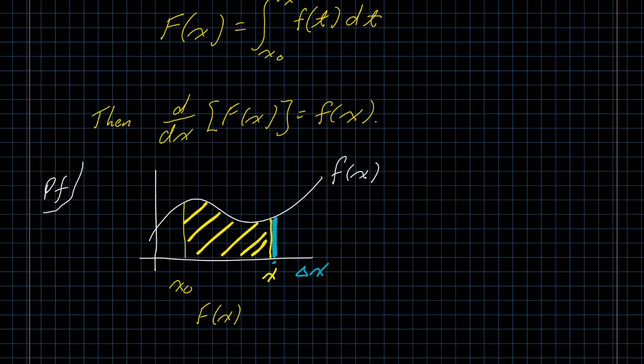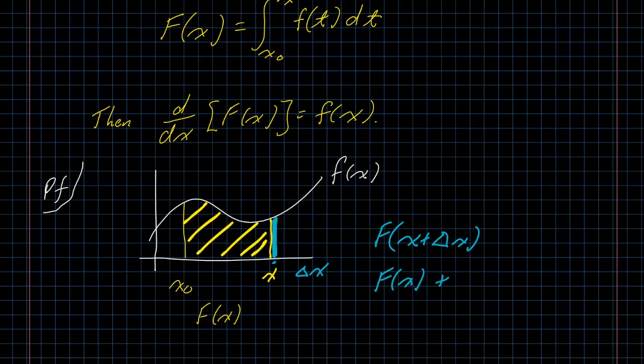And if I take that, then I know if it's a small enough sliver that big F evaluated at x plus delta x is equal to the area that's in yellow, which is F of x, plus the area that is in blue.